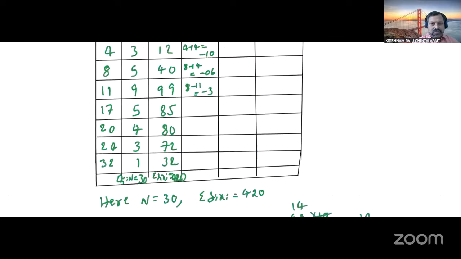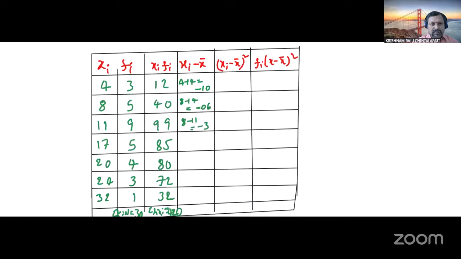So for the next one, xi is 11, so 11 minus 14 gives minus 3, right?